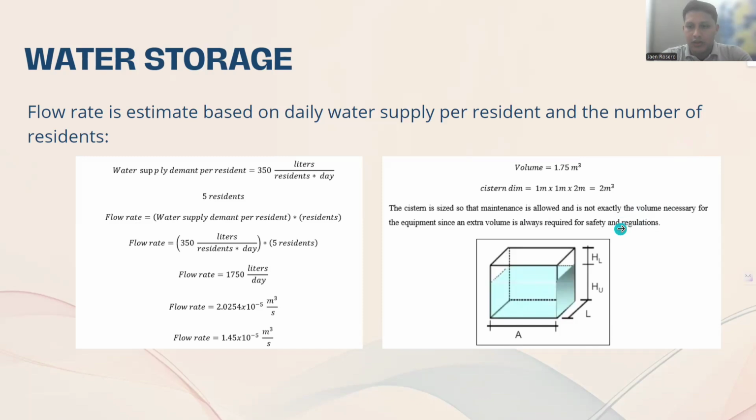The next picture is the example exercise for the demonstration of the cistern line, with a square of 2 meters.